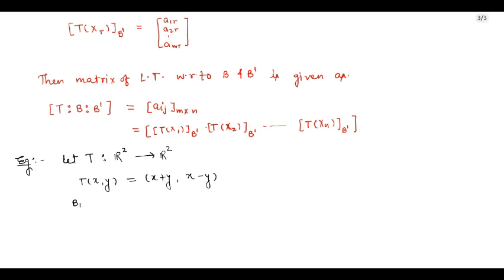Now we define B1 equal to (1, 0) and (1, 1), the basis of the domain, right? We say this is x1, this is x2. Now we define B2 as (0, 1) and (1, 0). Both are different. Find the matrix.